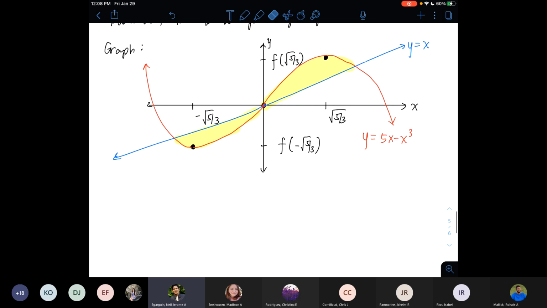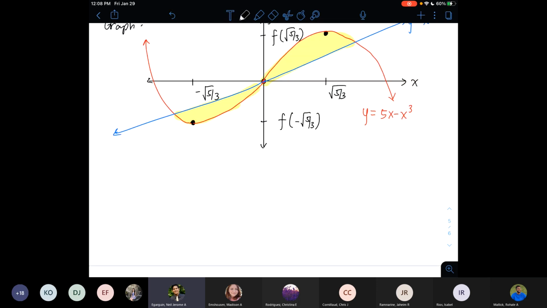And here, I'll use vertical strips. And I will tell you later why using horizontal strips will be problematic for this example. So if I use vertical strips, I'm going to draw a test strip over here. And I observed that the top function is the blue one and the bottom function is the red one.